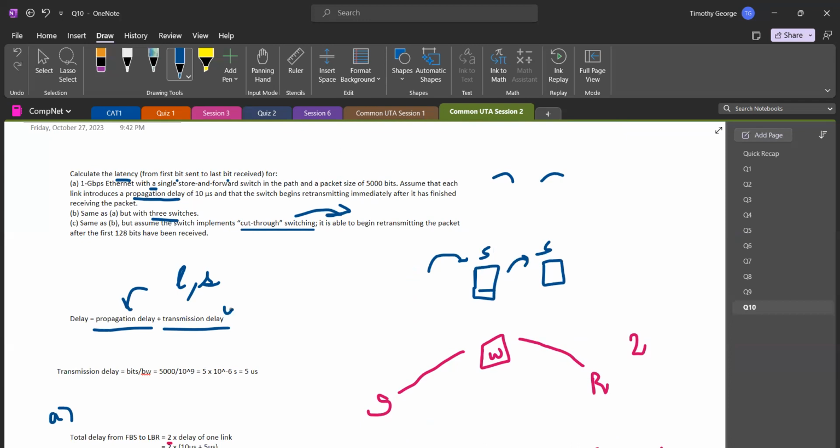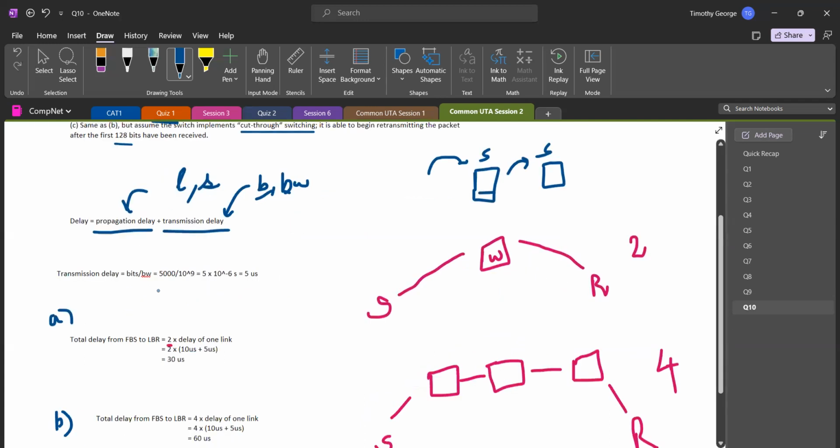What is there in transmission delay? Bits and bandwidth. Is bandwidth going to change? No, the network is still the same, still 1 Gbps. Are bits going to change? Yes, because before we transferred 5,000 bits, and now we only have to wait for 128 bits and then we can transfer that.